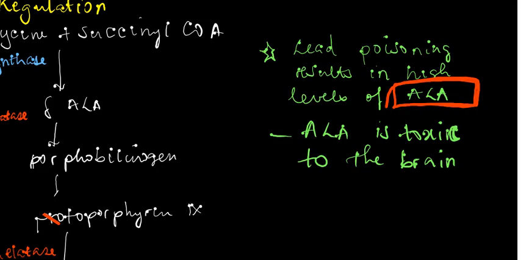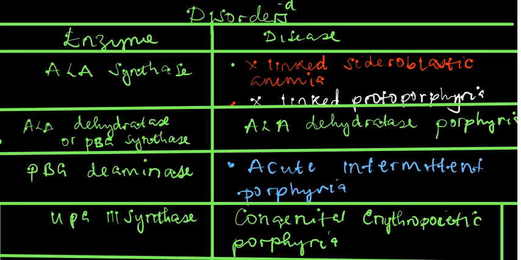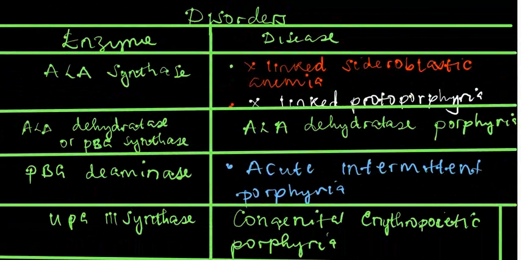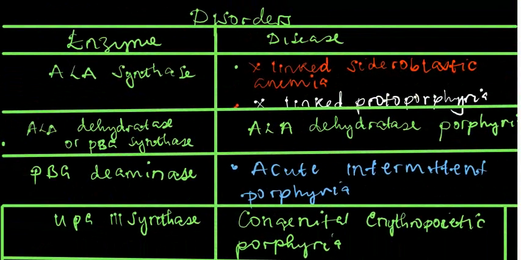Next up, we'll look at some of the disorders that are associated with heme biosynthesis. We call these disorders porphyrias. These are genetic disorders associated with deficiency of the enzymes involved in heme synthesis.